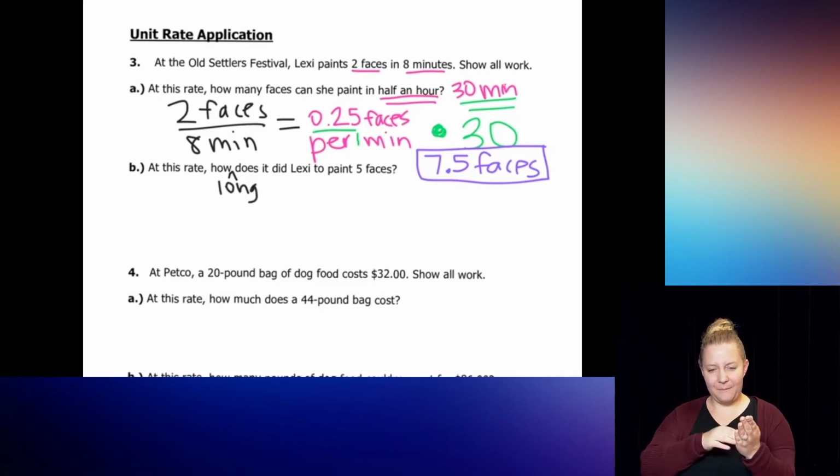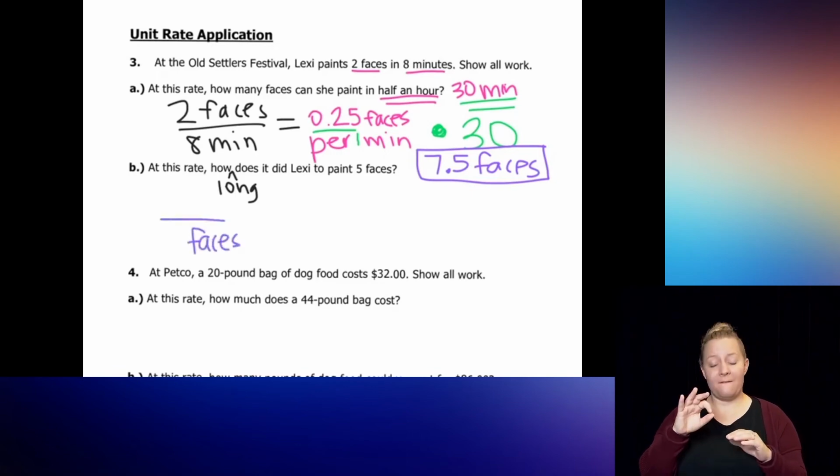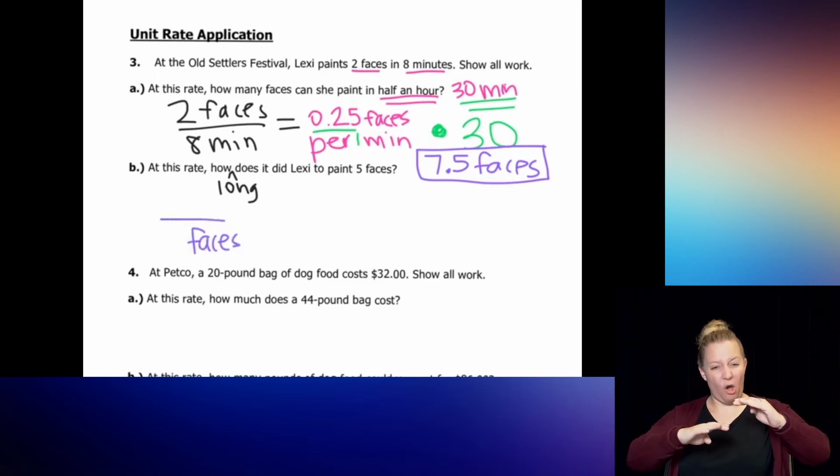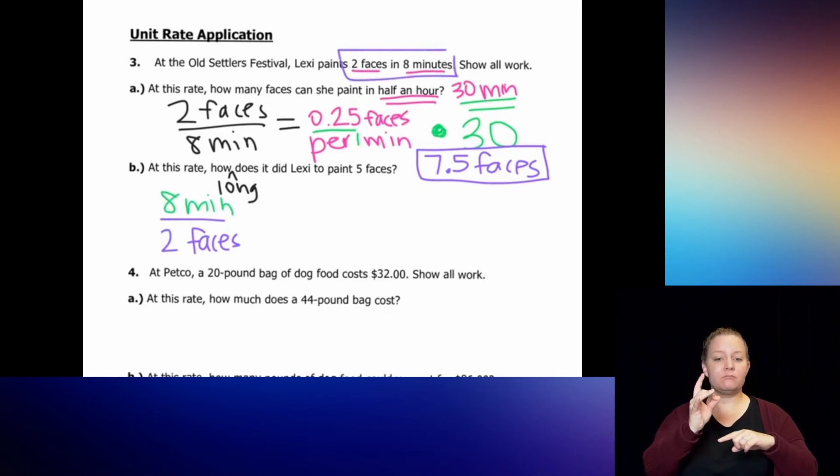Well, in order to find for 5 faces, first I need for just 1 face. So because I want just 1 face, I know faces needs to go down in the denominator. So using our first information that we had, 2 faces in 8 minutes, I know that I have 2 faces. I'm going to put 8 minutes up here because basically I need to figure out how long for just 1 face. So therefore I can calculate 5.